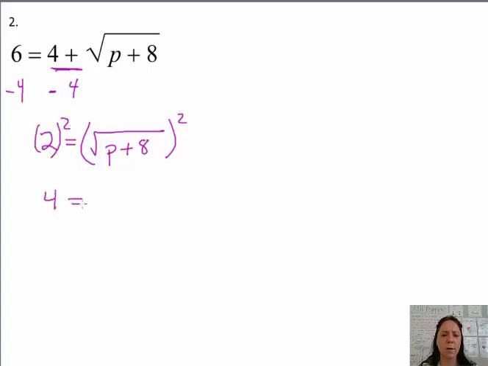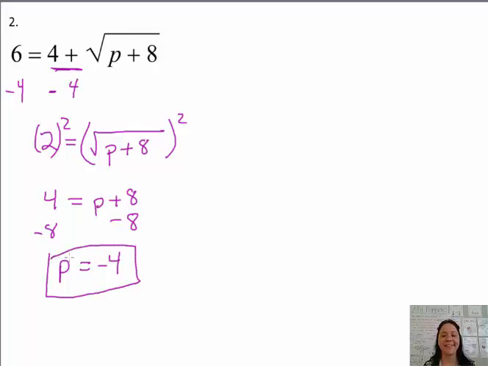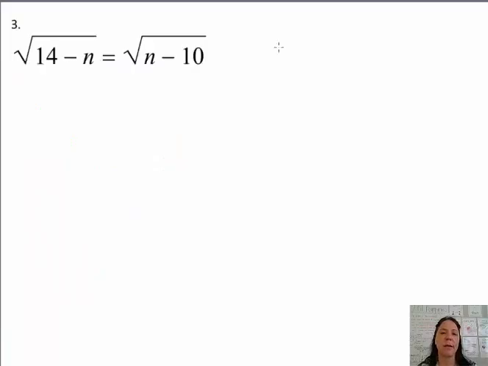That gives me 4 equals p plus 8. Subtract 8 from both sides and do a quick reflexive. I get p equals -4. Easy peasy, all done. Let's go on to the next problem.